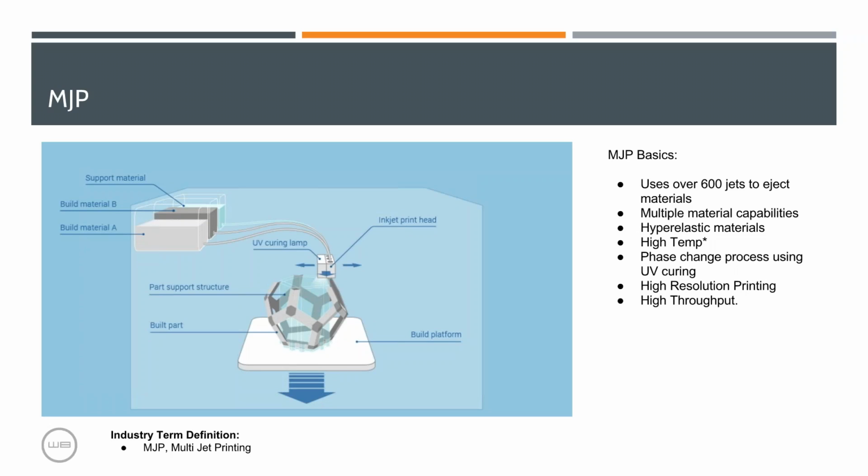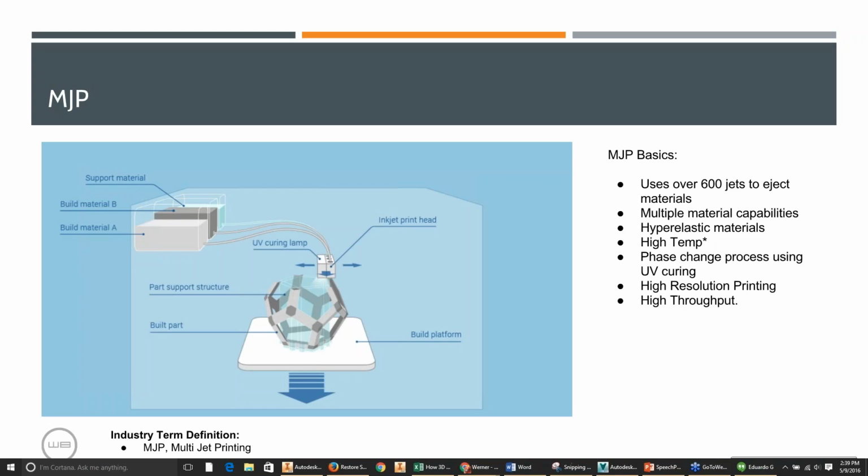The support material is something you can melt away extremely easily. To summarize, it jets down onto a build plate and adds layer by layer, one on top of the other, building the part up vertically, laying down a wax support material as it goes.